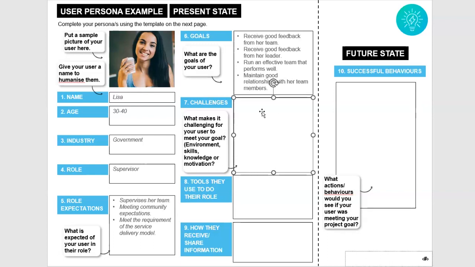So some of the challenges could be that they don't have time to hold performance conversations with their other duties. They may also be friends with their team members and not want to upset them by bringing up bad feedback.